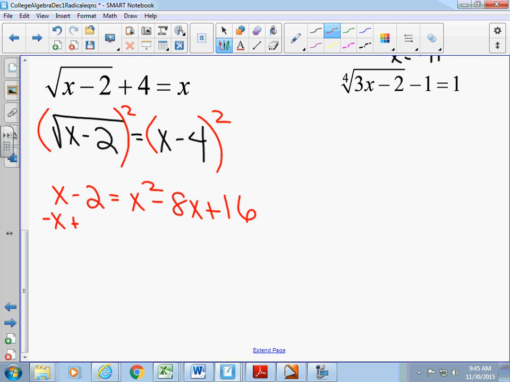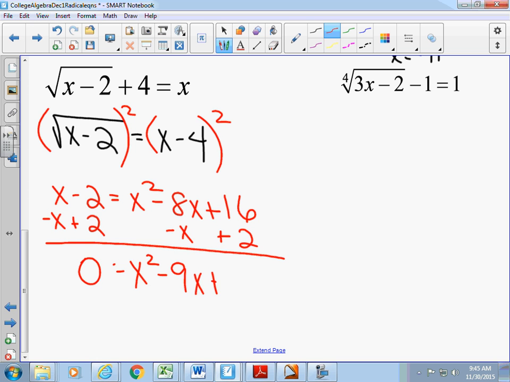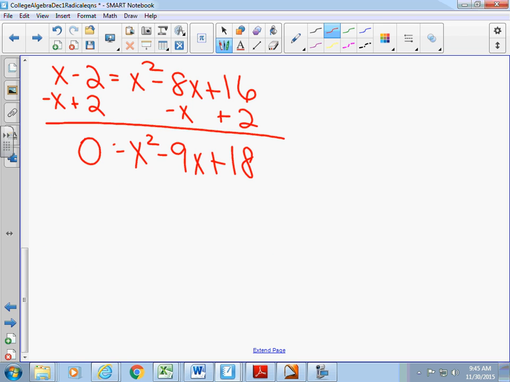Subtract x, add 2 to both sides. If you want to do that in 2 steps, you can. Factors of 9, or factors of 18 add to 9.